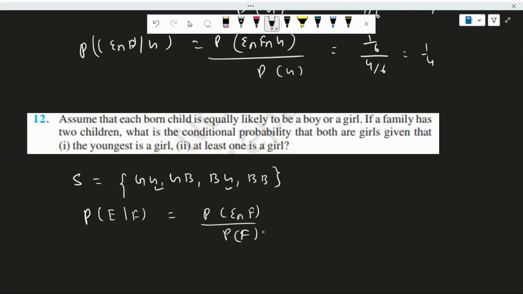So 2/6. Listen to me, 2/6 is P(F). We have to take the intersection. It'll be 2/4, right, sir?